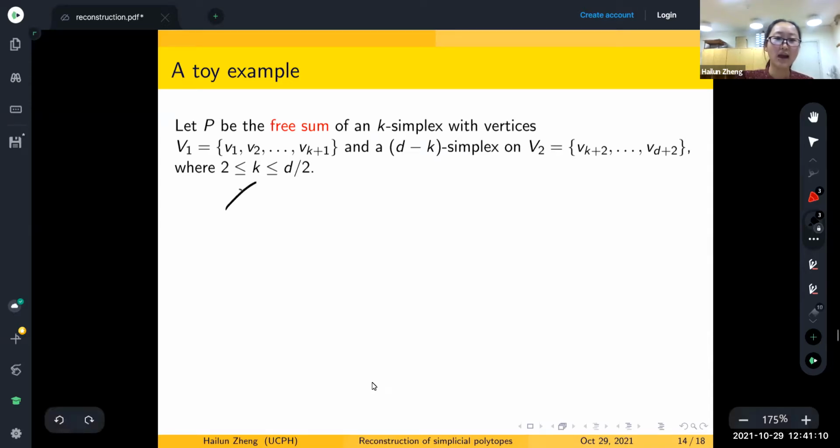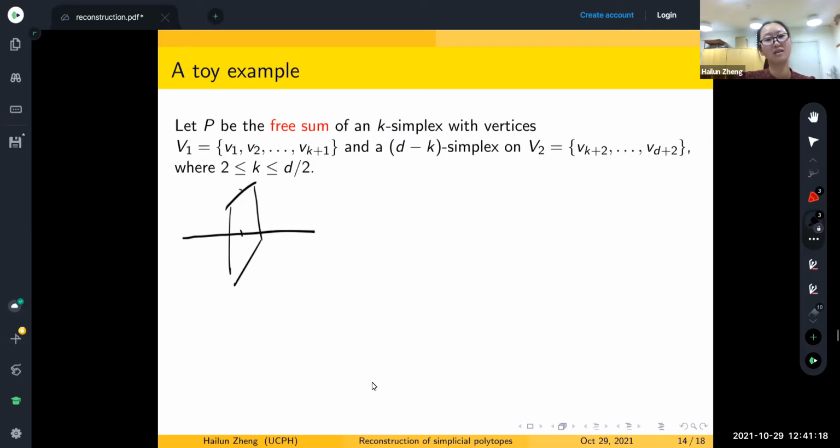Let's say that in R3, I want to find two orthogonal spaces. One is a hyperplane like this, and another is a line which is orthogonal to it. And then in these two spaces, V1 and V2, I want to find two simplices containing the origin.